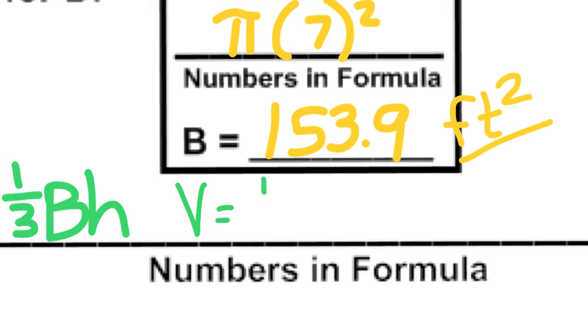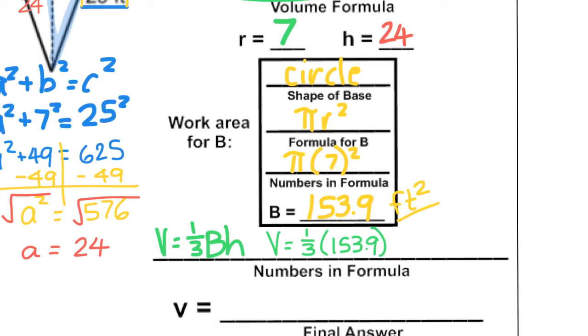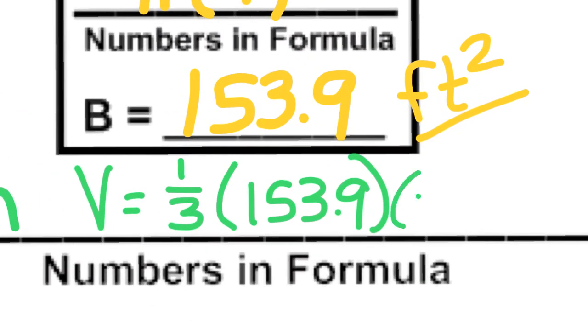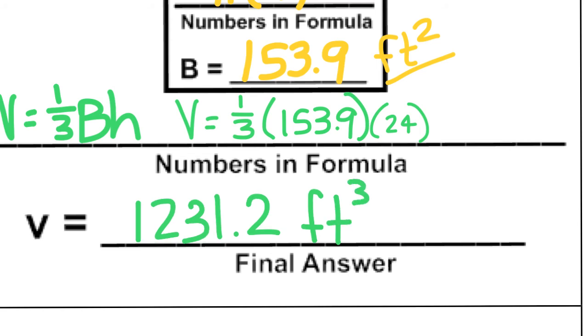So volume equals 1/3 area of the base, which is 153.9, times the height, and we found that the height was 24. Please multiply using your calculator. And the final answer will be cubic feet, or feet cubed.